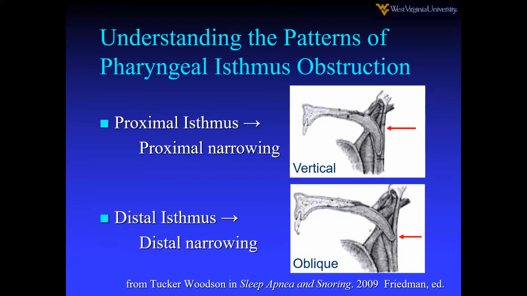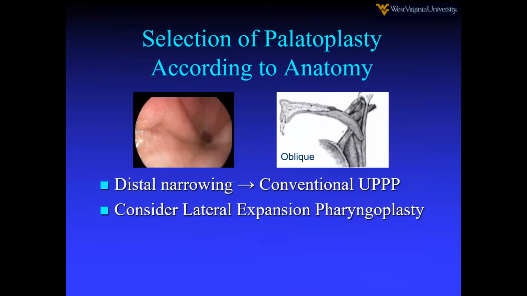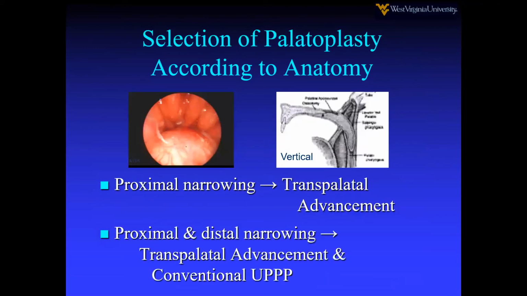And so what you would see on the bottom picture is the oblique, and that's where UPPP would probably work in one manner or another. So distal narrowing, you can do conventional UPPP, or what I do is I choose the lateral expansion technique of UPPP to treat that. And if it's a vertical palate, then a transpalatal advancement.